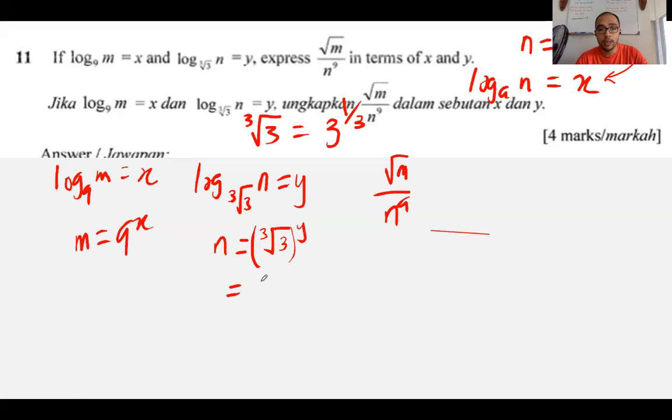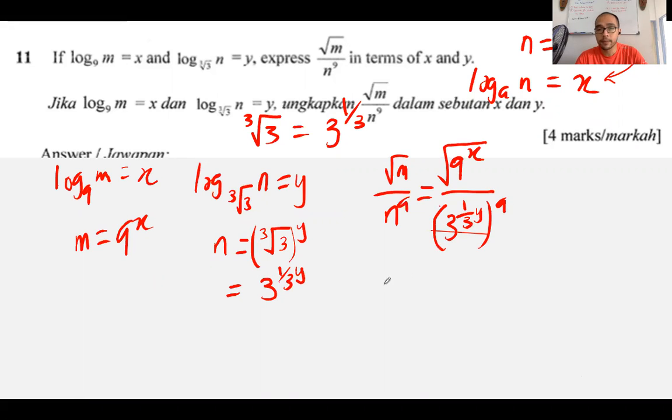So this will be 3 to the power of 1 over 3 y. Okay, I'm going to do it like this. Then I can do this. Since m is 9 to the power of x, so 9 to the power of x, square root, over n, which is 3 to the power of 1 over 3y, times, to the power of 9.